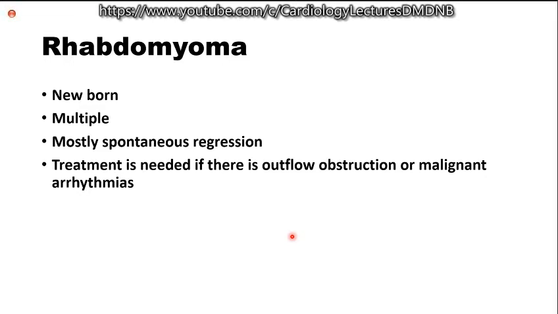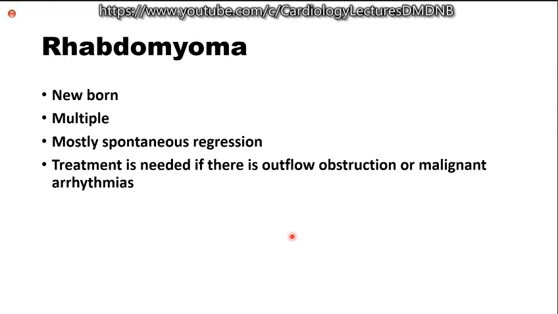But if the mass is giving rise to a lot of arrhythmias and significant outflow obstruction, then you have to do something about that. Otherwise, most of the times the patient can be left alone, and they usually recover completely. So: newborn, multiple, mostly spontaneous regression. Treatment is needed if there is outflow obstruction or malignant arrhythmias.